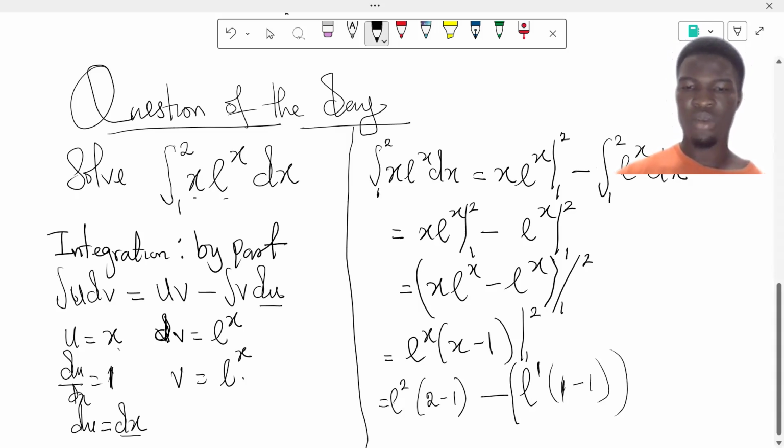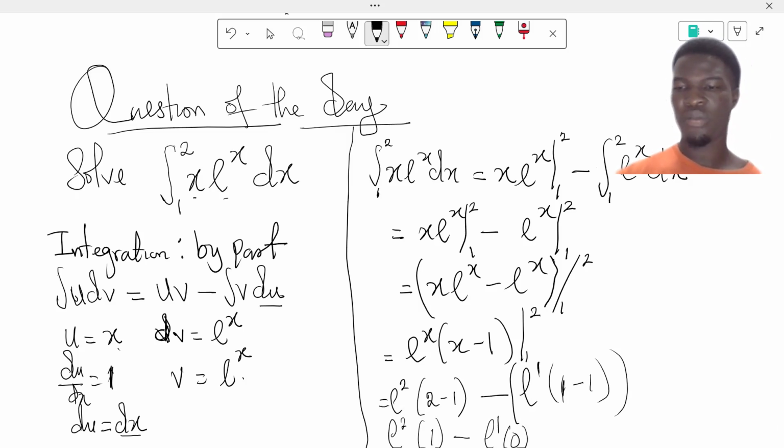That gives exponential 2 times 1, minus exponential 1 times 0.